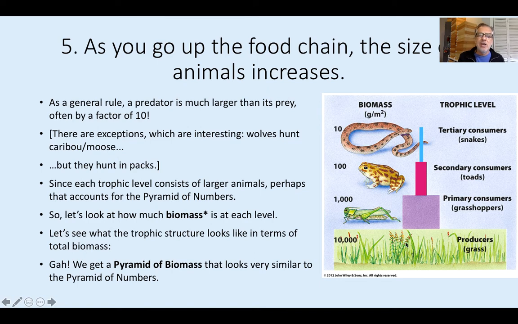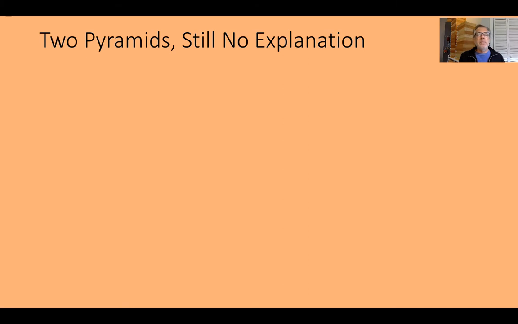And in fact, you can see that this diagram is incorrectly drawn, because if this is 1,000, this is much more than 100. 10 of these is much larger than this, and 10 of these is much larger than this. So they have shown you this pyramid of biomass, but they haven't drawn it truly to scale because it's hard to do. So now we have 2 pyramids, a pyramid of numbers and a pyramid of biomass.